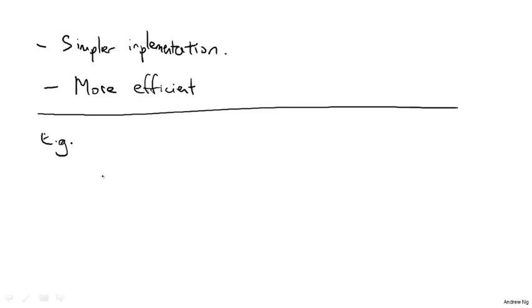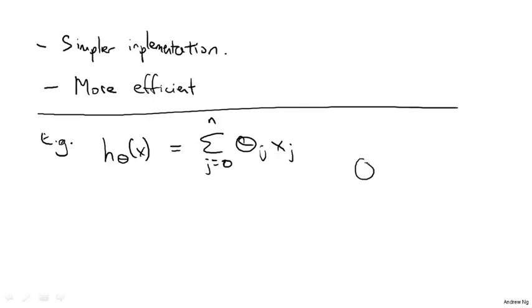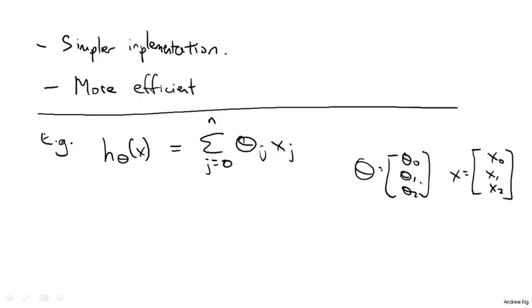So let me give you an example to tell you what I mean. And it turns out we've already seen one example of vectorization. We started off defining our hypothesis as the sum over j of theta j xj. And we said that if you think of theta as a vector, and if you think of x as also a vector, then your hypothesis can more simply be written theta transpose x.